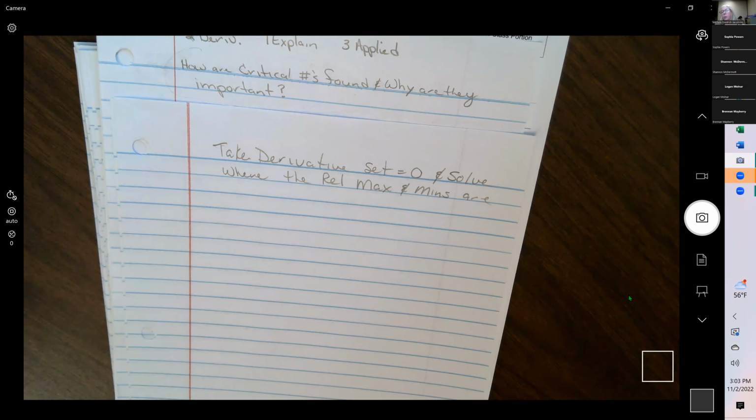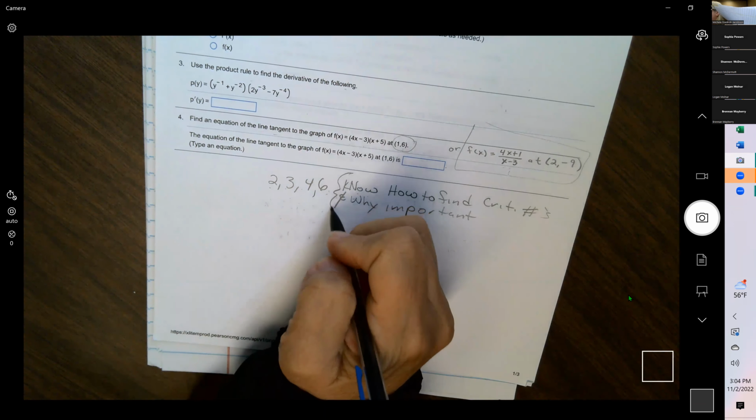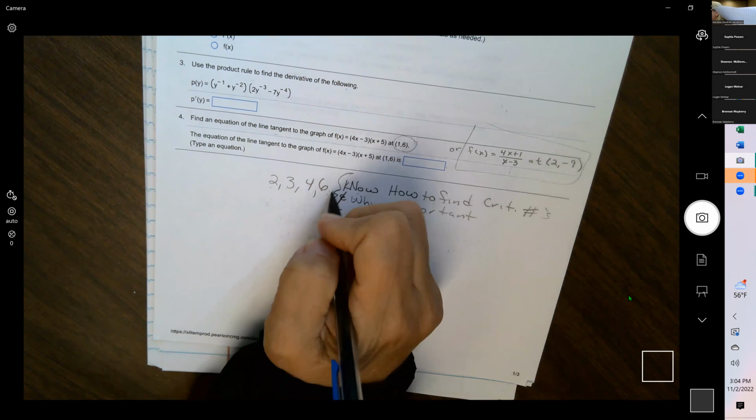From the in-class portion, we want to study 2, 3, 4, and 6. Then this is the explanation one. And the other one is on the outline.